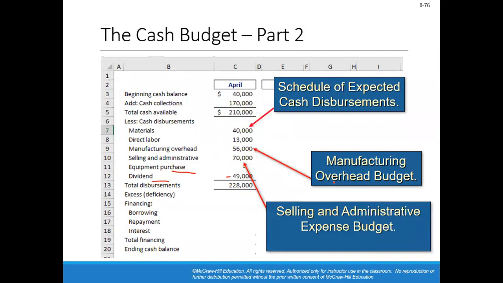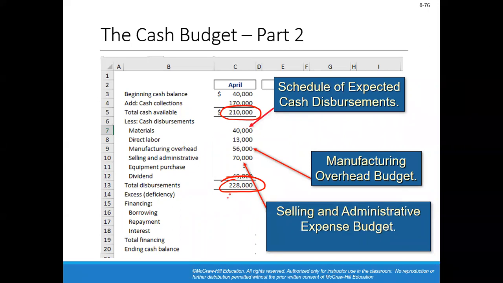So if we add all the cash disbursements, this will give us how much? 228,000. Now, if we subtract this 228,000 cash disbursement from the cash available in April, will we have a surplus or a deficit of cash? We have a deficit of cash of how much?